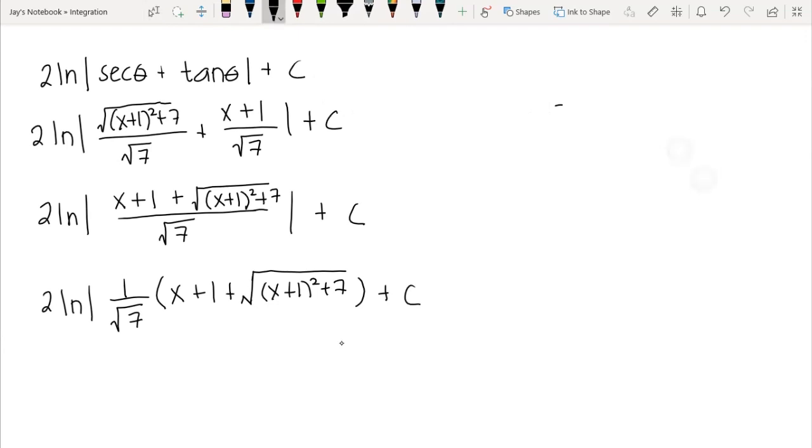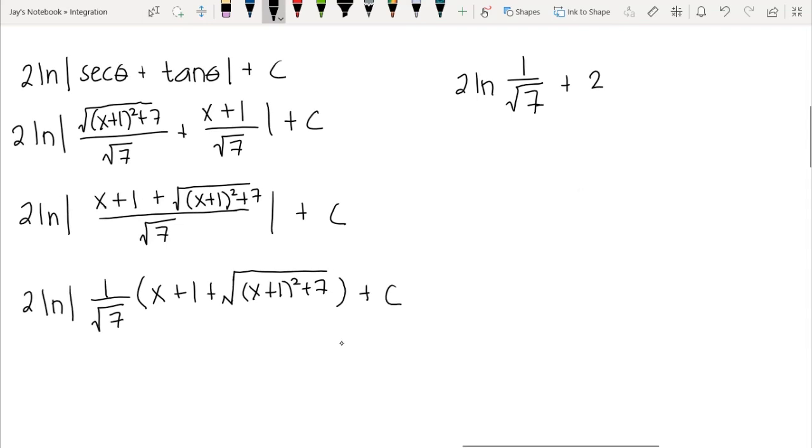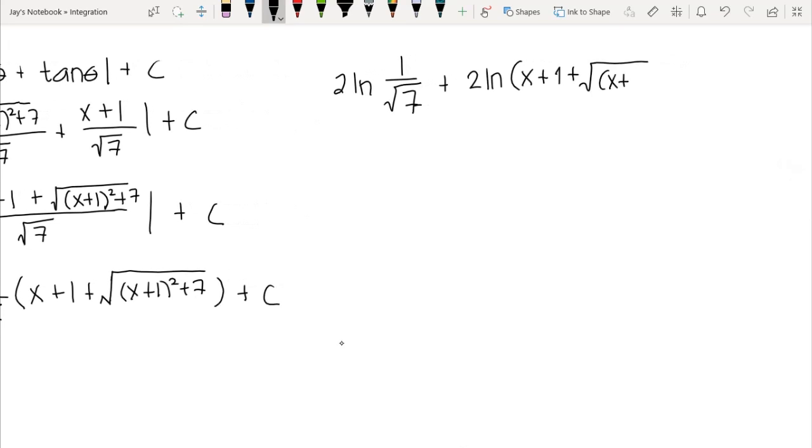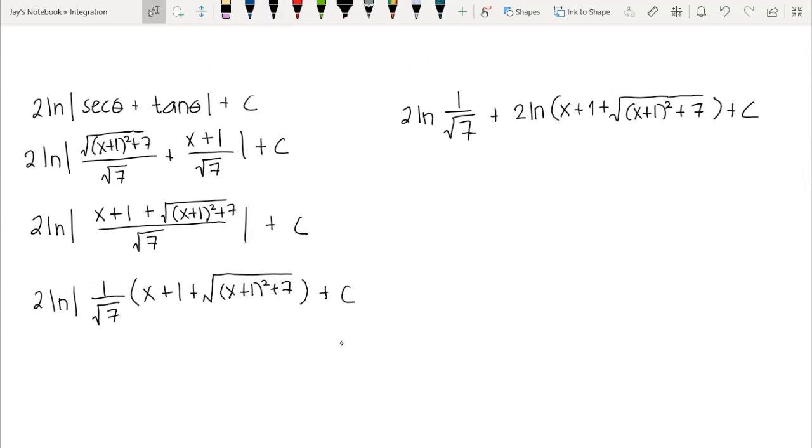So we can say we have 2 the natural logarithm of 1 over square root of 7 plus 2 the natural logarithm of x plus 1 plus square root of x plus 1 squared plus 7 plus c.